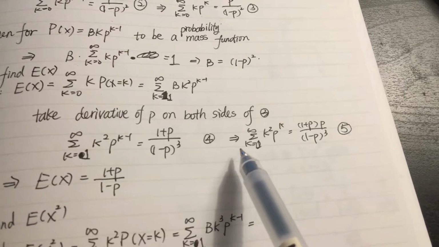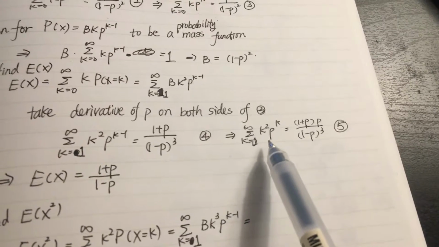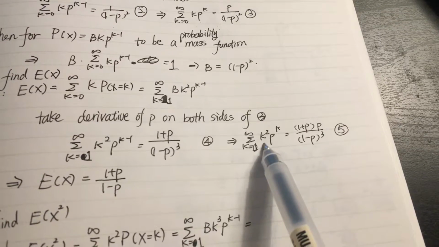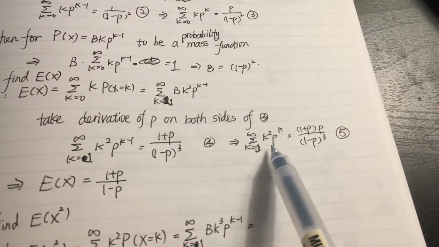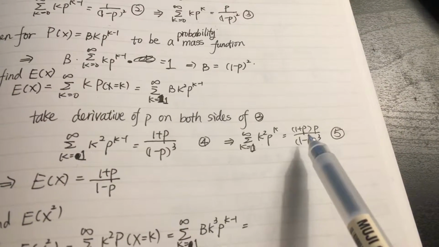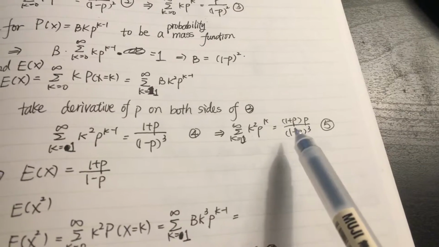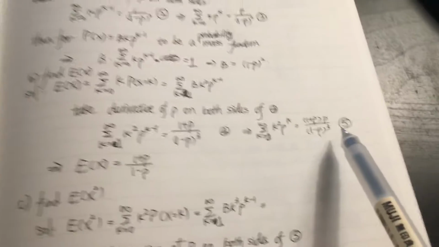And then we can also multiply both sides by p to get the sum of k squared times p to the degree of k, which is equal to 1 plus p, multiplied by p over 1 minus p to the degree of 3.